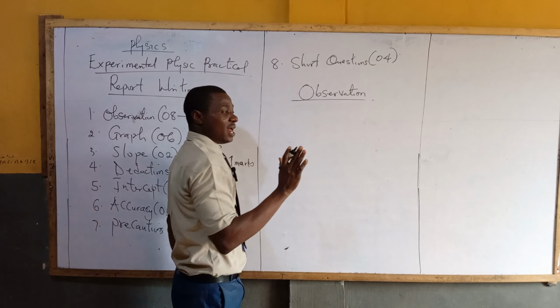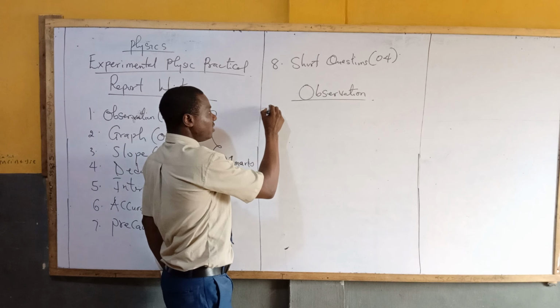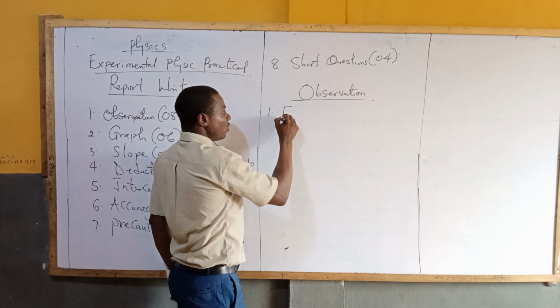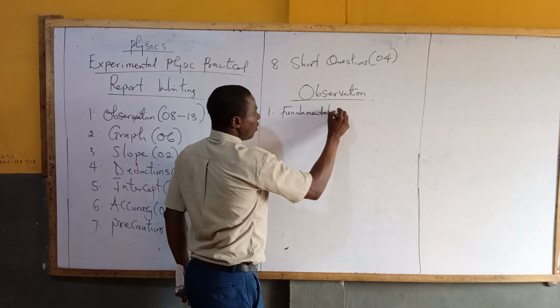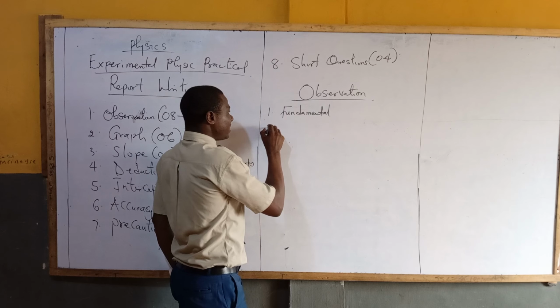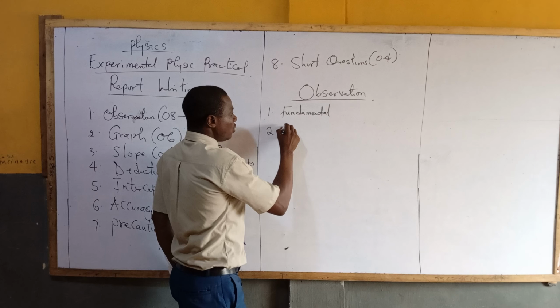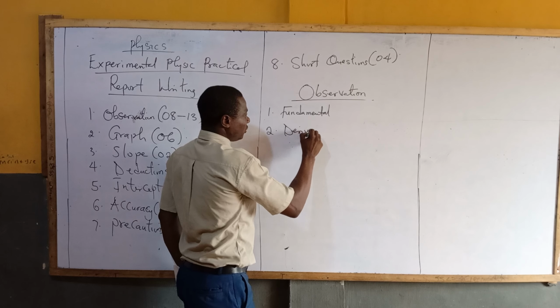Now, in the area of your observation, your observation will be classified basically into 2. The first part is what we call your fundamental observation, and the second part is what we call your derived observation.